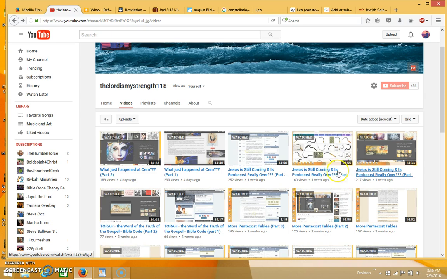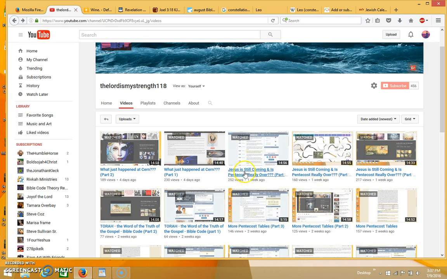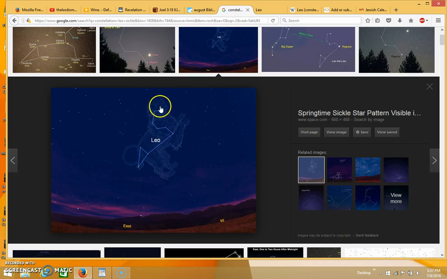I had planned to talk about the sickle that's mentioned in Revelation 14, and when I was doing that, I had no idea at the time that the head of Leo is actually shaped as the form of a sickle, and that was in fact the second definition of the word sickle, which I didn't even notice until I had pulled it up in the process of doing this video right here. So I didn't even know that until I was doing the video, that Leo is actually shaped like a sickle.